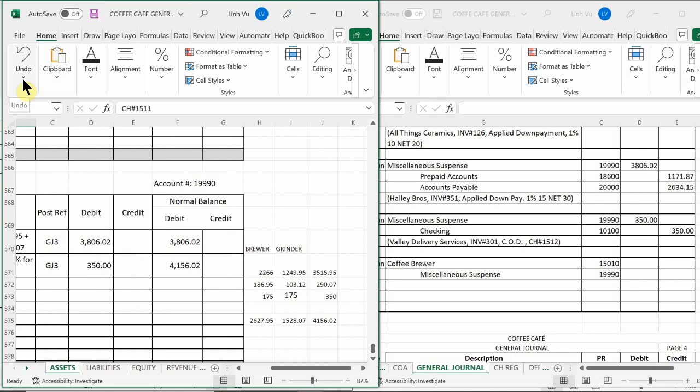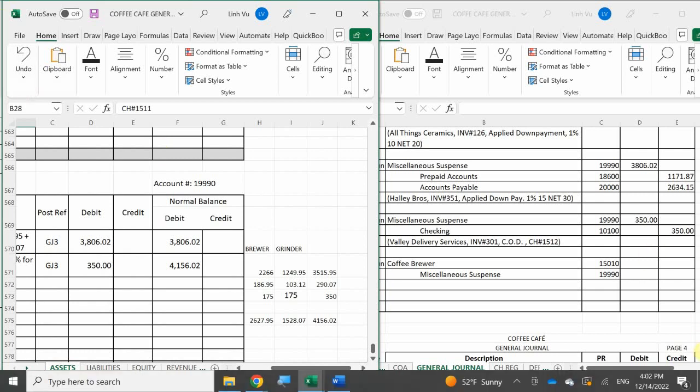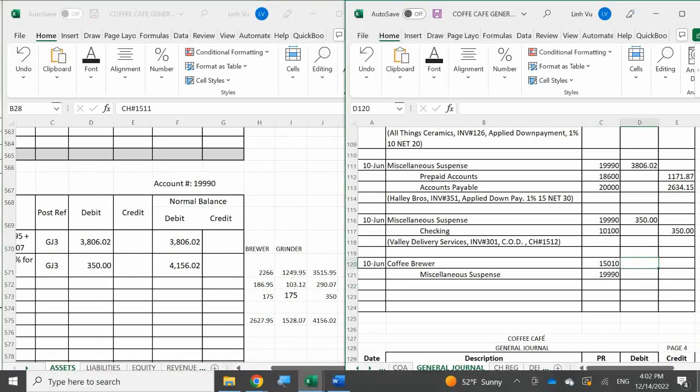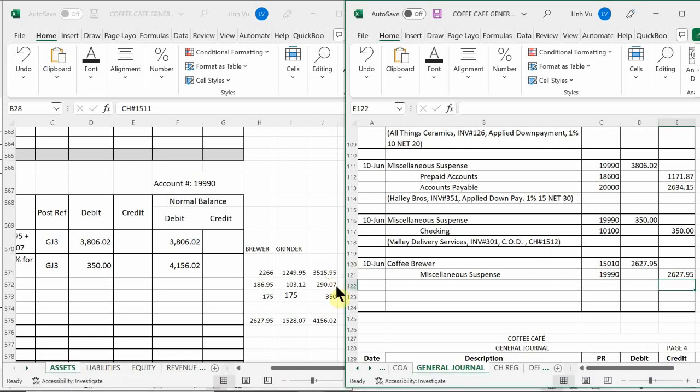So that's exactly what I'm going to do here. I'm going to copy that in my journal that I'll be taking out $2627.95. And I'm going to go ahead and finish my description off by saying to remove coffee brewer out from miscellaneous expense.